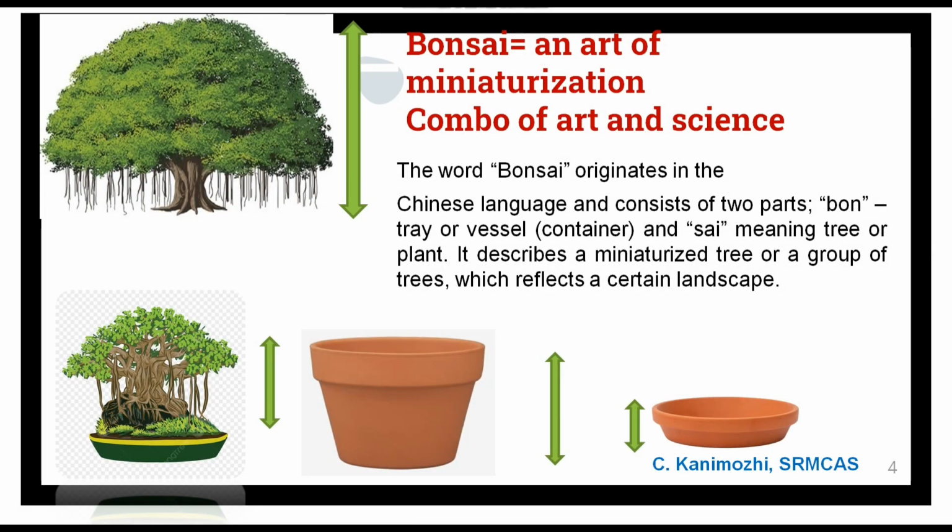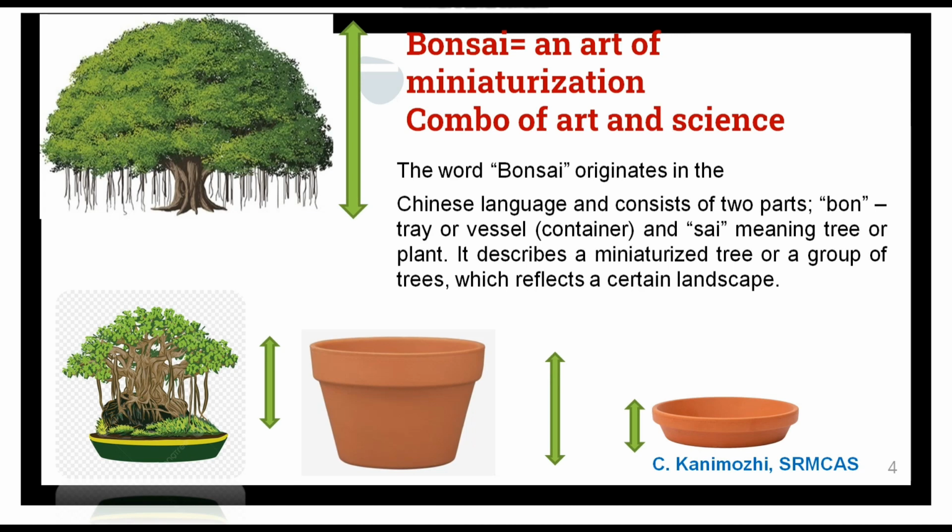So bonsai is actually an art of miniaturization. It is a combination of art and science together. That is the aesthetic sense of the person and the science and techniques adapted to create a wonderful bonsai. Actually, bonsai originated in China, and later it was influenced and adapted by the Japanese.